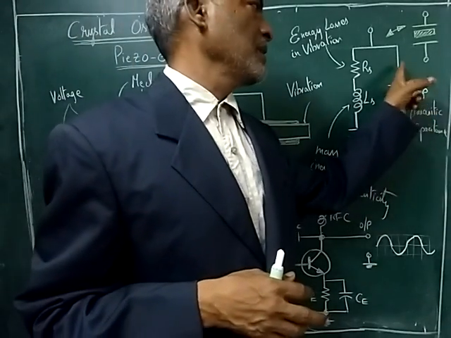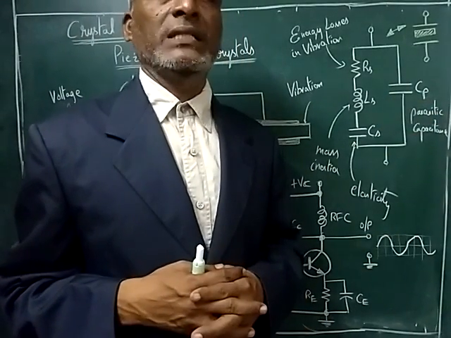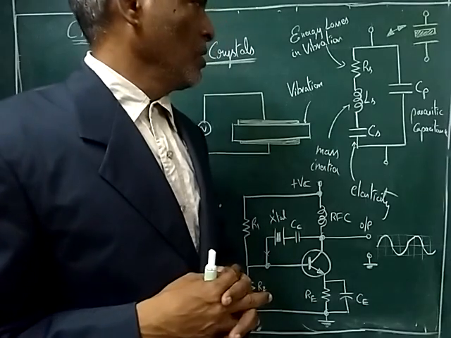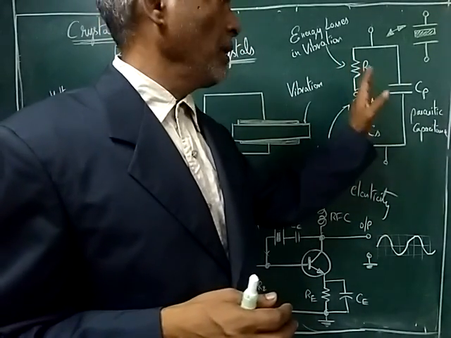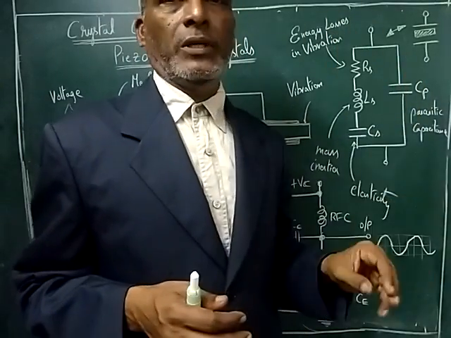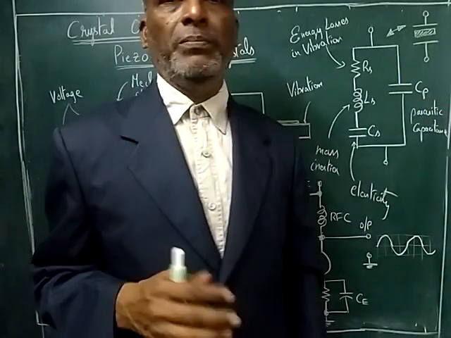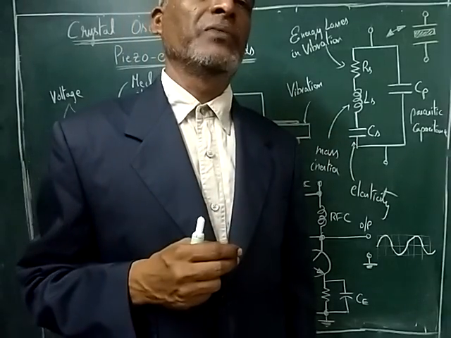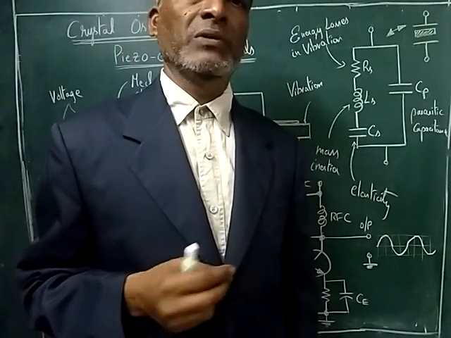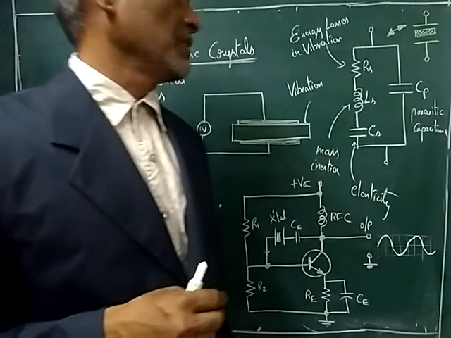And this CP is a parallel capacitance, also called parasitic capacitance. So this circuit can be operated either at series resonant frequency or at parallel resonant frequency, because CP will become active. So you can operate at two different frequencies: the series resonant frequency and the parallel resonant frequency.